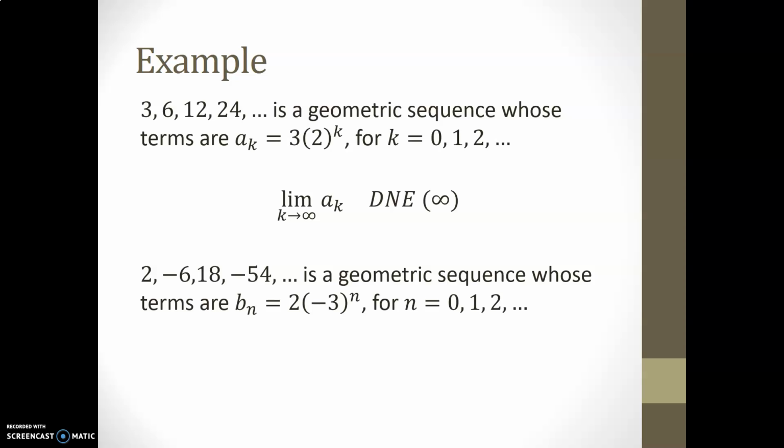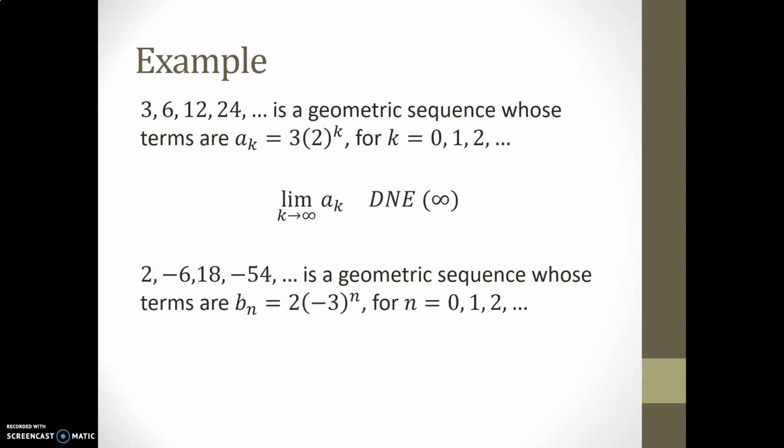Likewise, for the second sequence we presented earlier, 2, -6, 18, -54, a general rule that we could use to express the terms of the sequence is 2 times -3 to the power n, 2 being the first number, -3 being the ratio being used, and n is replaced consecutively by 0, by 1, by 2, and so forth.